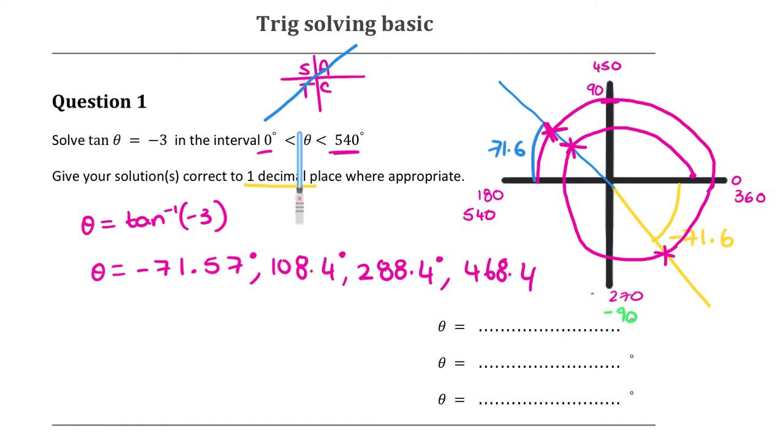Yeah, because the interval is between 0 and 540. So my answer is 108.4 degrees, 288.4 degrees, and 468.4 degrees. And that is how I figured out all my solutions using this CAST diagram.